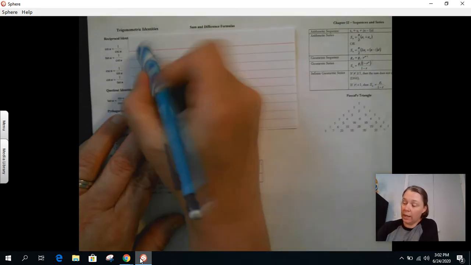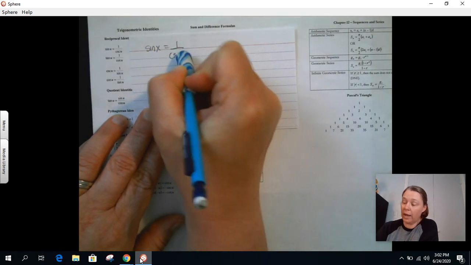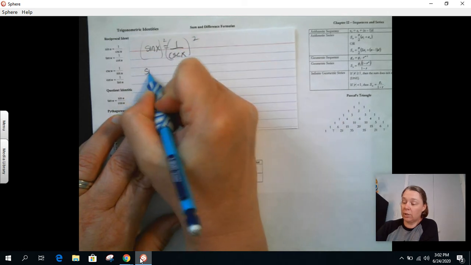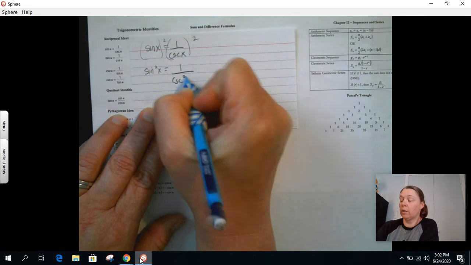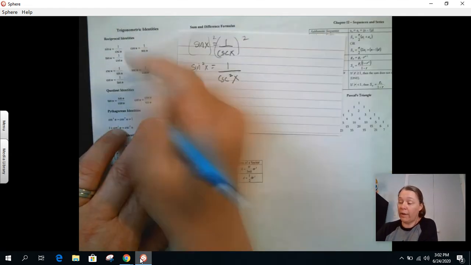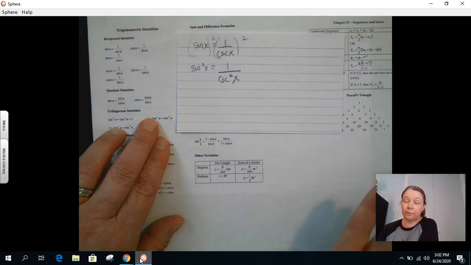So if I were to take that I know the sine of x equals 1 over the cosecant of x, and if I were to square both sides, I'd get sine squared x equals 1 over cosecant squared x, for any of them, right? The same idea. So really from all these, if I do the same exact thing to both sides, that equivalent identity equation is another identity.